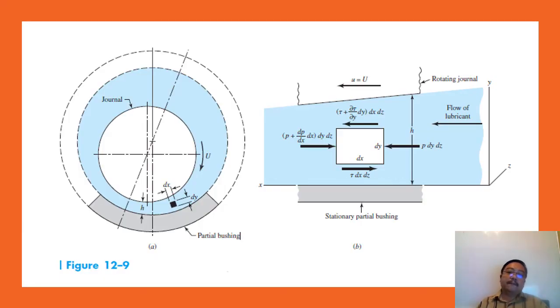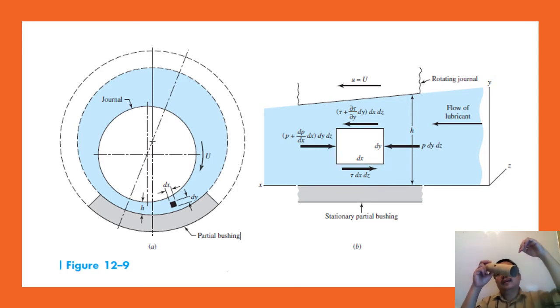So you see here, let me explain about this picture, picture 12 and 9. Okay, this is a partial bushing, meaning that before it goes into a full bearing, when the full bearing is full of lubricant.